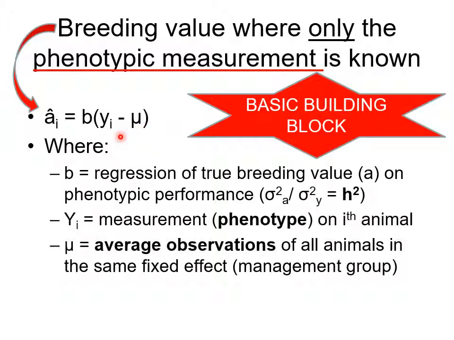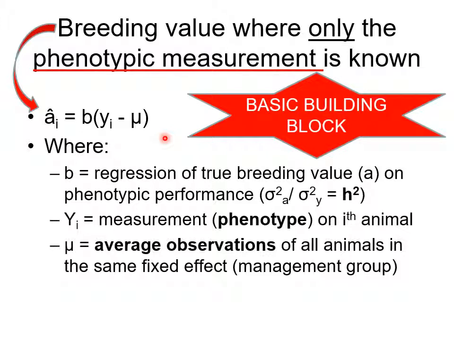A calf that is, let's say, 5 kilograms lighter than the group mean, and the heritability is obviously still the same, so that breeding value will be minus half of 5 kilos, minus 2.5 kilos, and so forth. So that is a very simple way that one can predict the breeding value of an animal, and that is also the basic building block that we will use in BLUP.